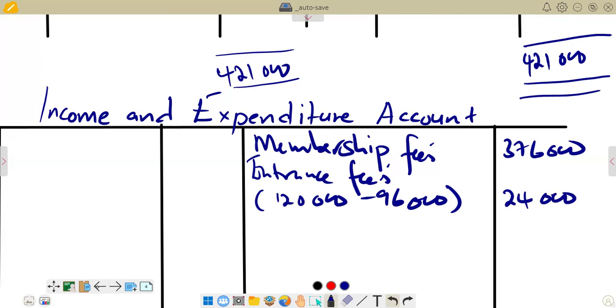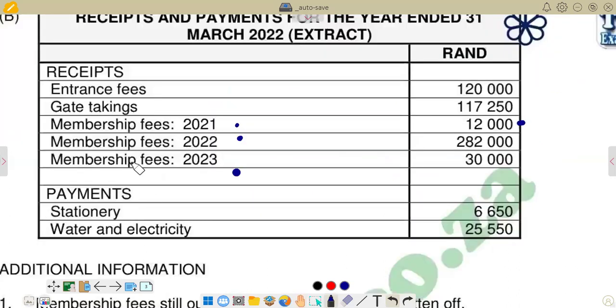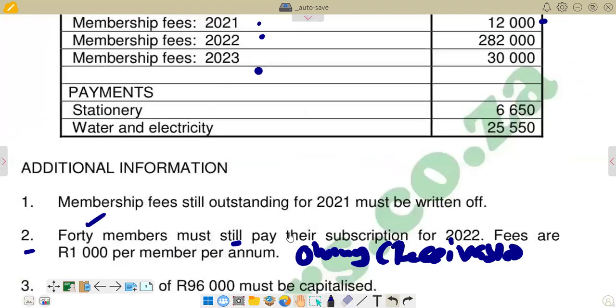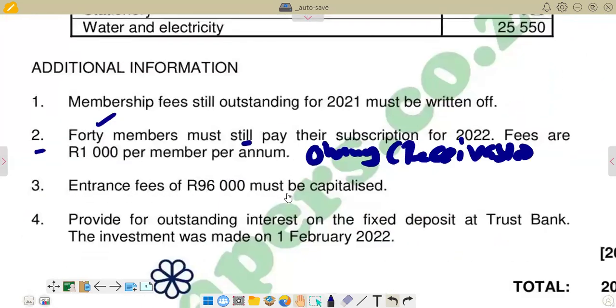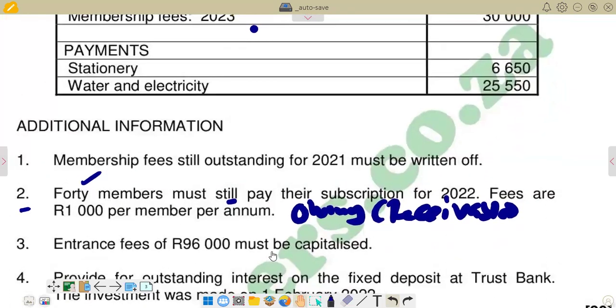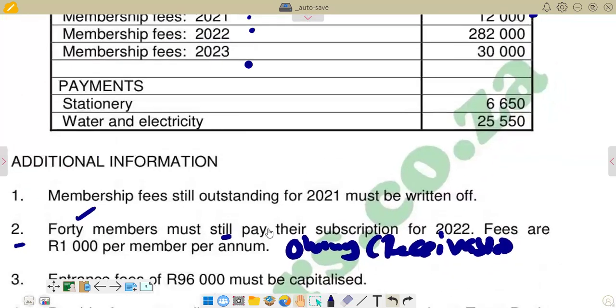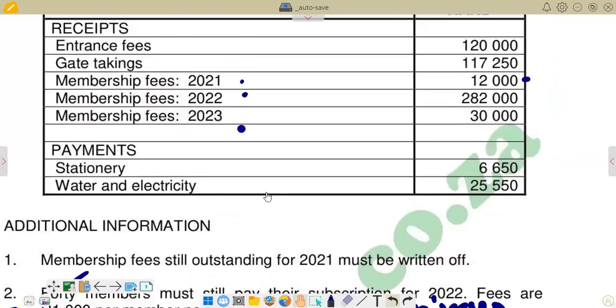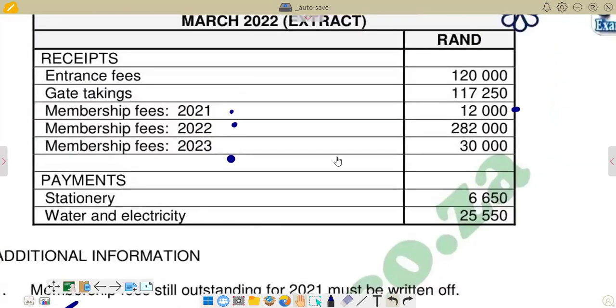And then we can go back now to check other income. If you go down, you see that we've got gate takings, which is 117,250. So before you enter that gate takings amount, you can also go to additional information to check if you've got anything that is affecting gate takings. But if you go down you see that there's nothing, so it means you check the figure as it is, as you are given it in the season payments, which is 117,250.